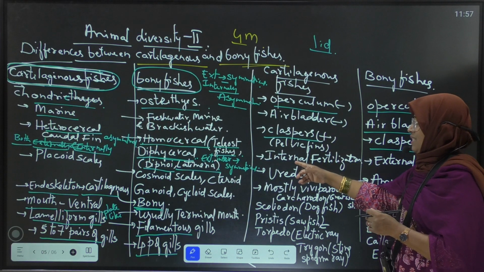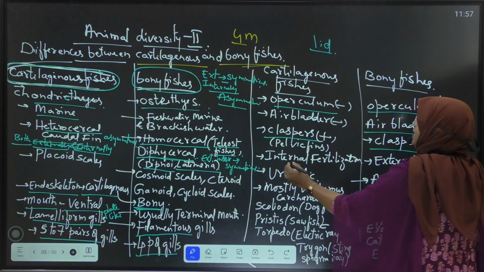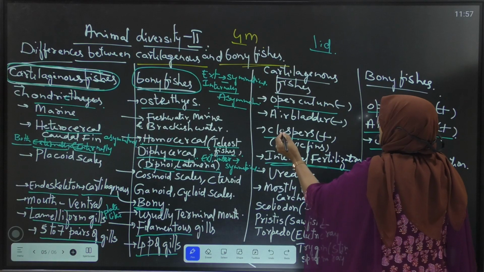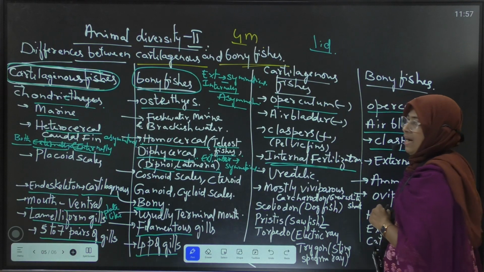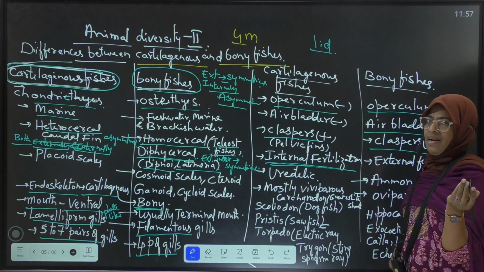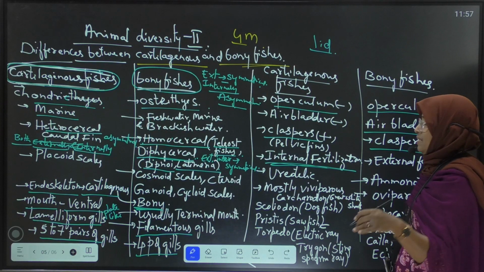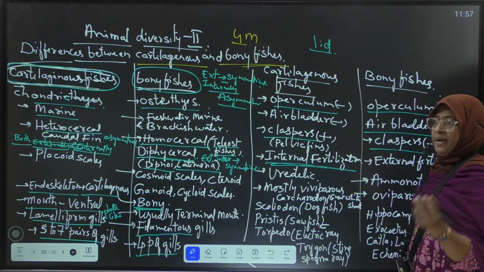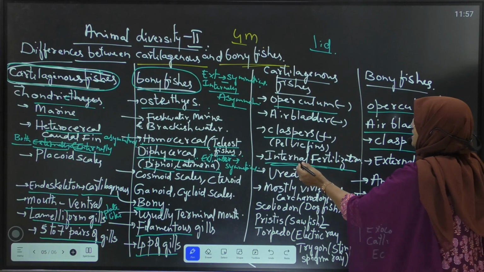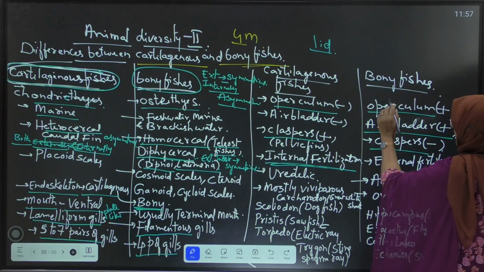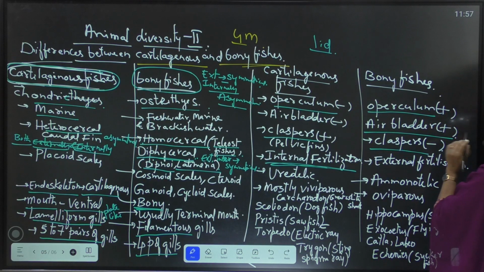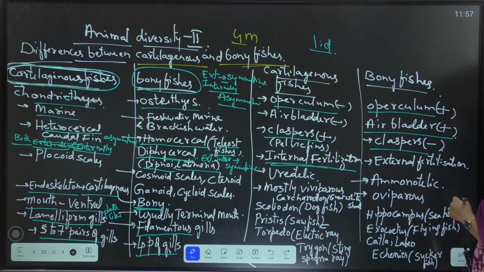Hence fertilization is internal in cartilaginous fishes. Claspers are nothing but copulatory organs present on pelvic fins, so fertilization is internal. What about the bony fishes? In bony fishes, claspers are absent.